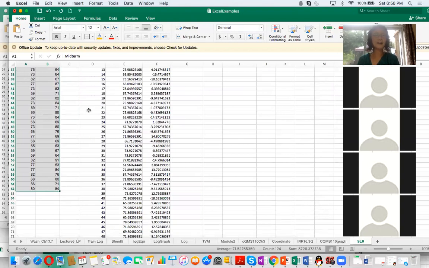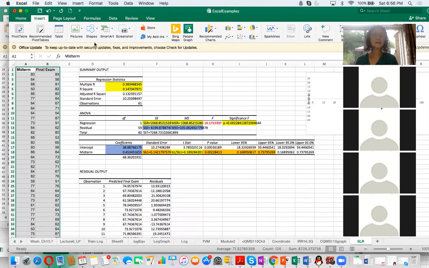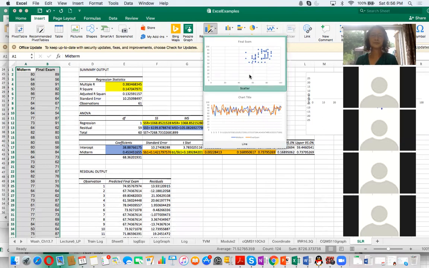So I highlight midterm and final exam. Then I go to Insert, Graph, Scatter plot. Do I have other options? Yeah, you go to the scatter plot.